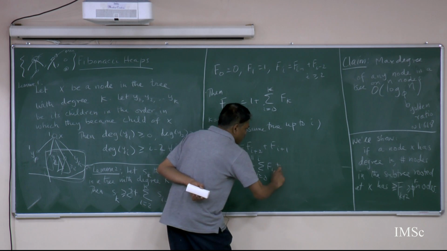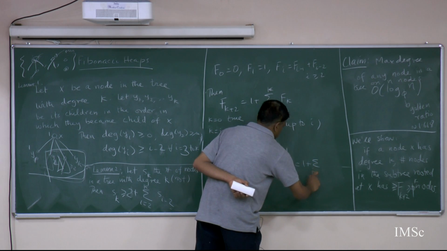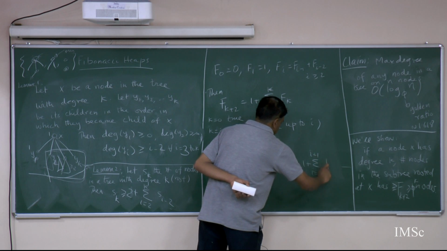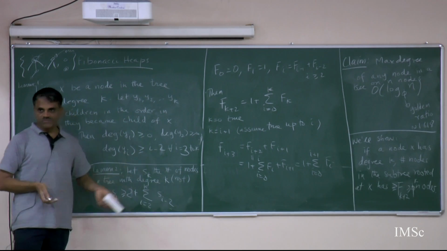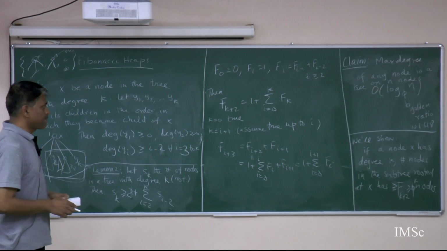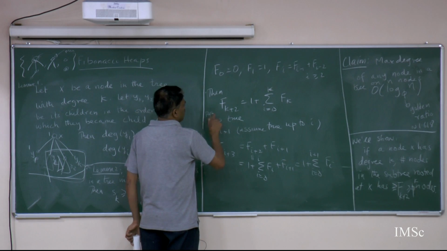And then you add F_{i+1}. So this is 1 plus the summation from 0 to i plus 1 of F_i. That's what we wanted to prove. So, proof by induction.